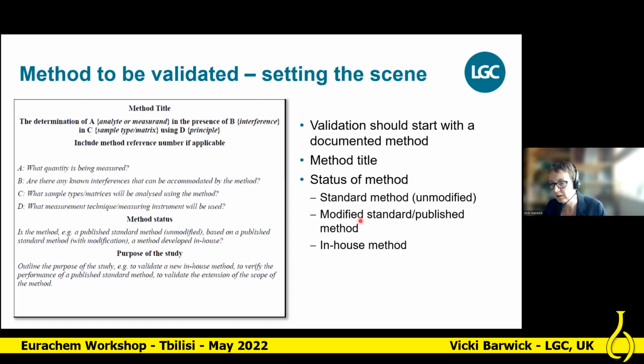But often there are modified methods that we use, and there may be methods that we've developed wholly in-house. It's important to understand this because it will impact on what we include in our validation.